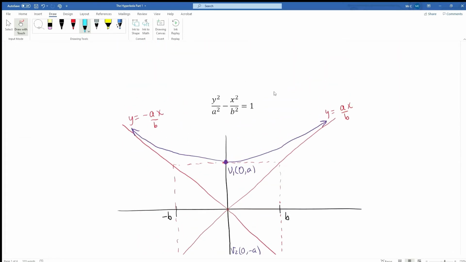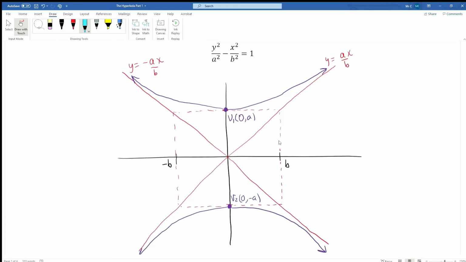Similarly, I want to point out here, when we look at the vertical hyperbola, our vertices are at (0, a) and (0, negative a). We go out from our center a distance of a in the vertical direction, and we go out to a distance of b in the horizontal.